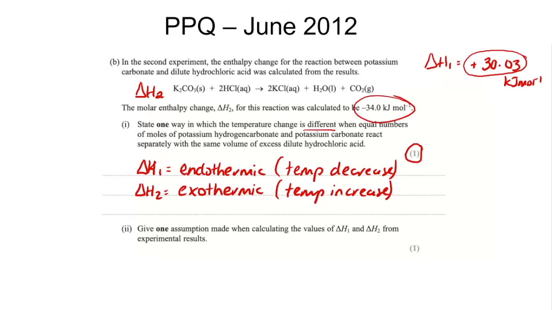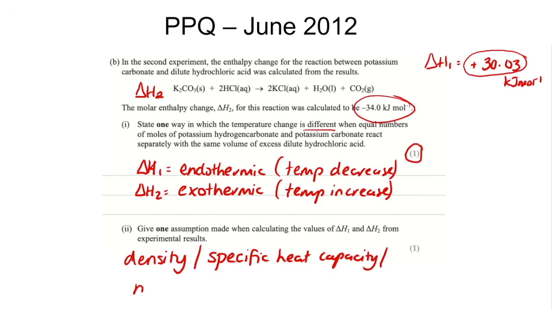This is going back to that previous slide where I said that this will come up, and we can give various different answers here. So we can either be talking about the density, we can talk about the specific heat capacity, assumptions that they are the same as water.